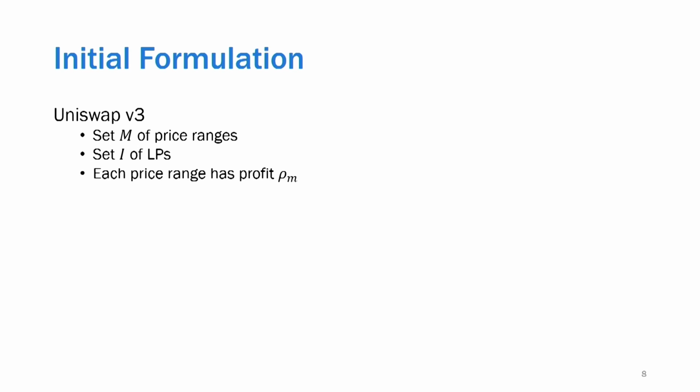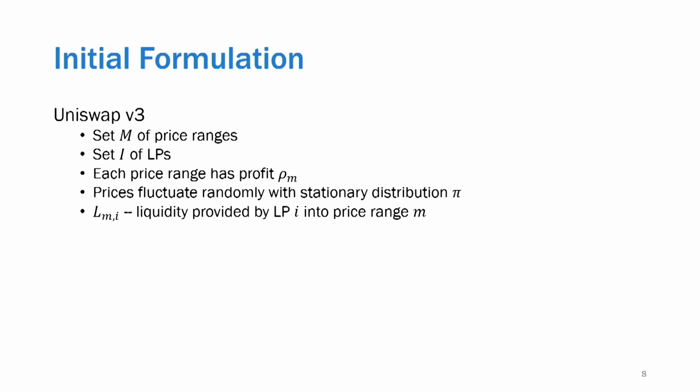In our initial formulation, we came up with a very simple model where we look at some set of price ranges and LPs. Each price range m has some profit, rho m, and the price fluctuates randomly with a stationary distribution pi. We denote by L_mi the liquidity provided by the ith liquidity provider in price range m.